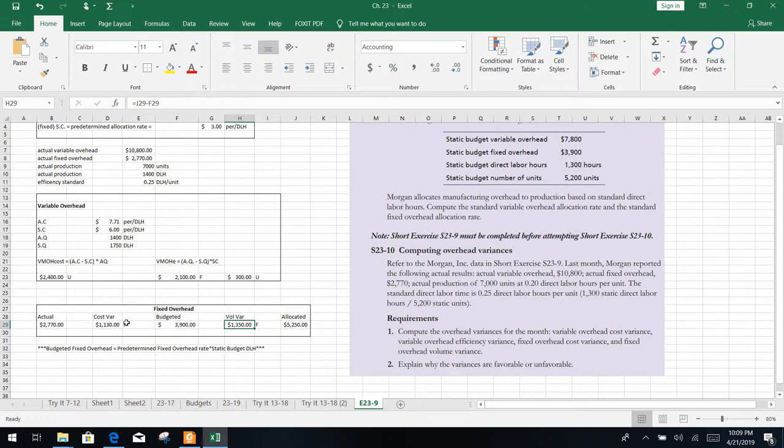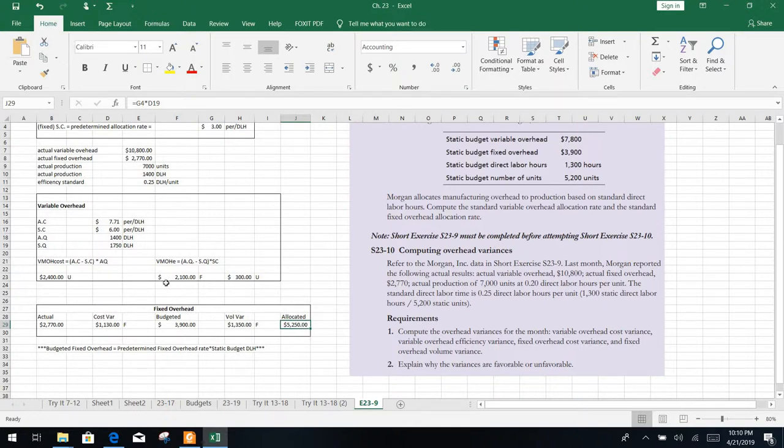In previous problems on the test, he gave us the budgeted, so you were able to get the actual and the budgeted, and you could just subtract. Basically three columns were given, all you had to do is find this, and you basically had it made. But this one you had to find the budgeted and the allocated.